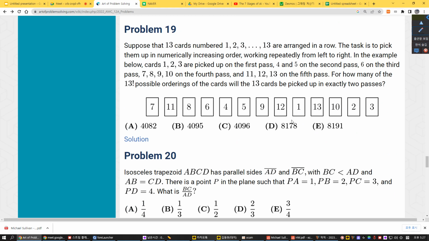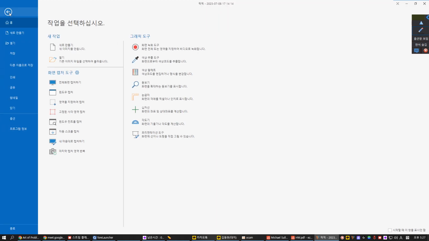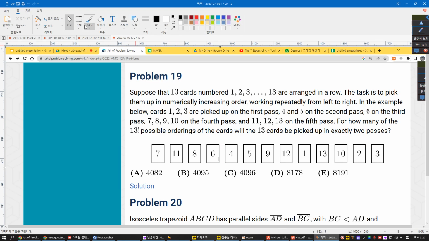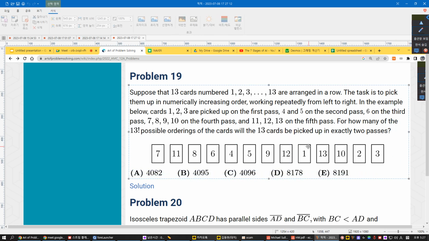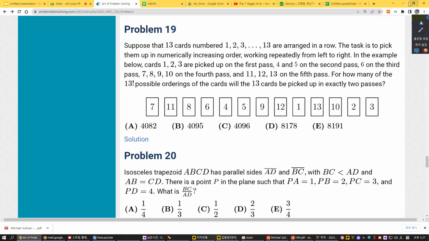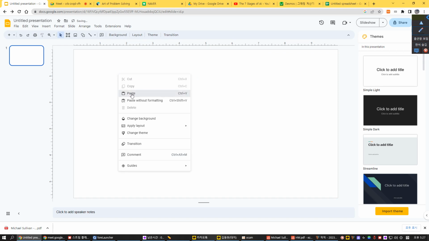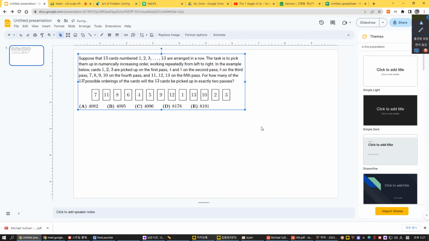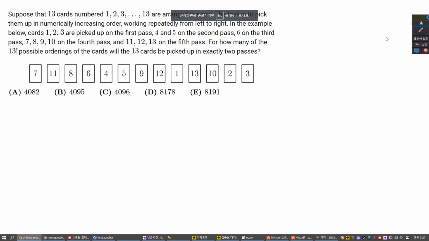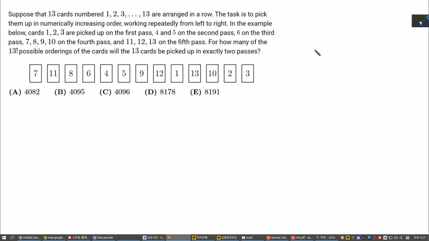For number 19, we want to pick up all 13 cards in exactly two passes.